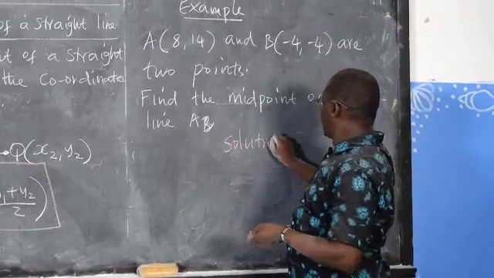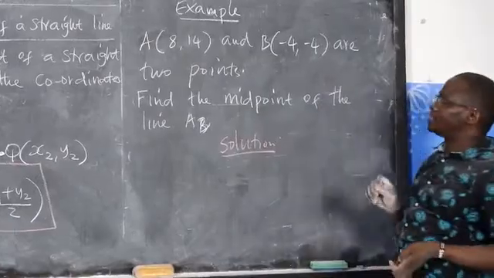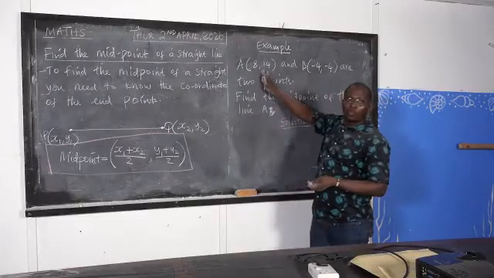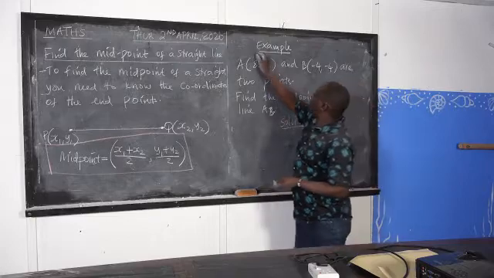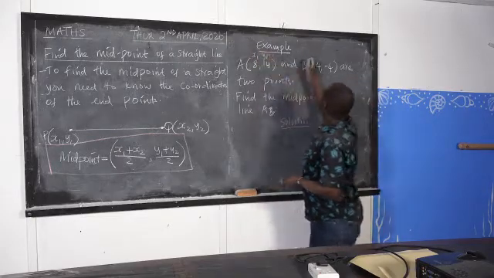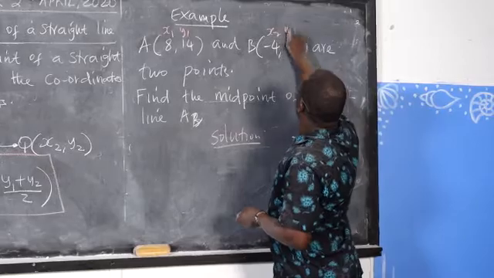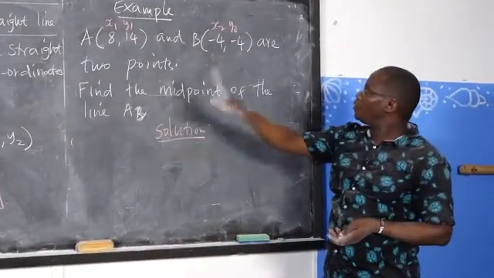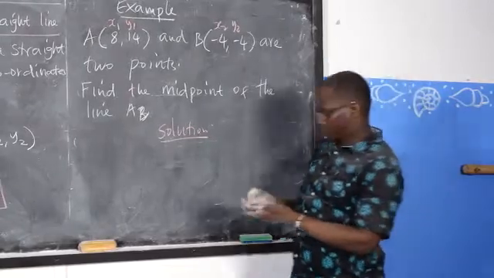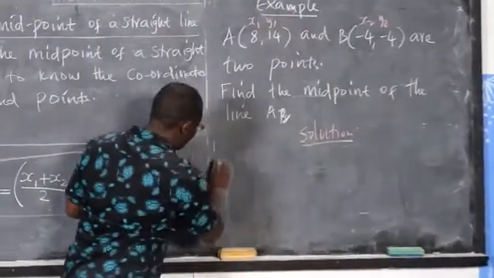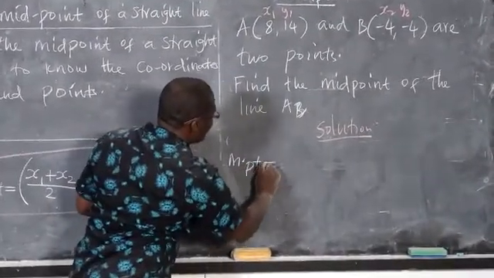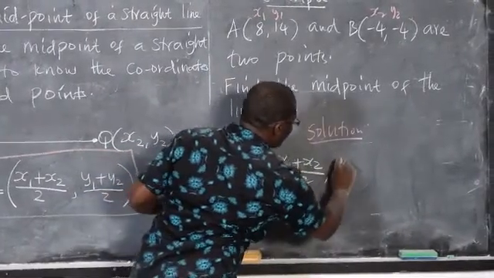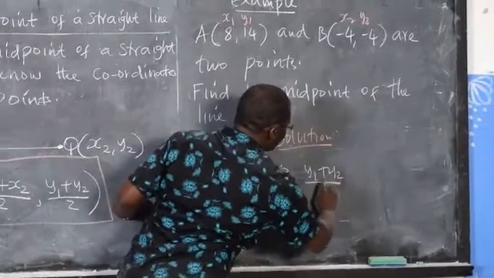So here also, please, I insist, from the formula that we have, you need to label your coordinates, as always. Then again, I also insist you need to write down that formula so that you don't confuse the coordinates. So the formula of the midpoint, remember I told you writing this formula will not take you a century.